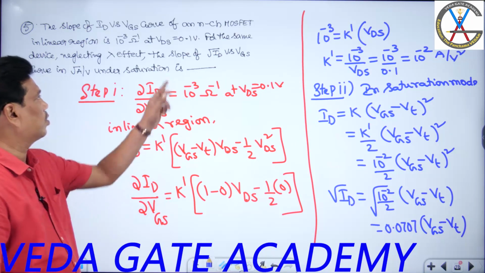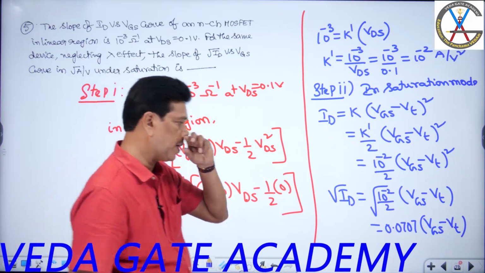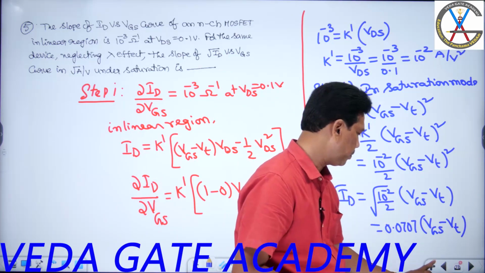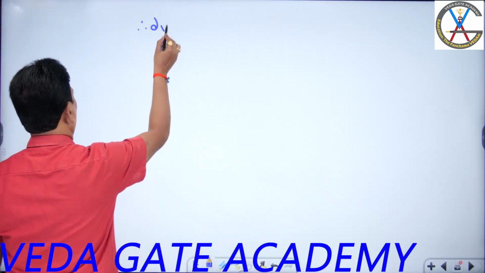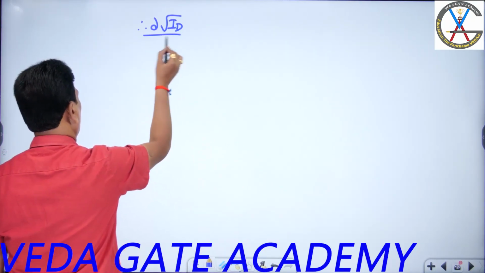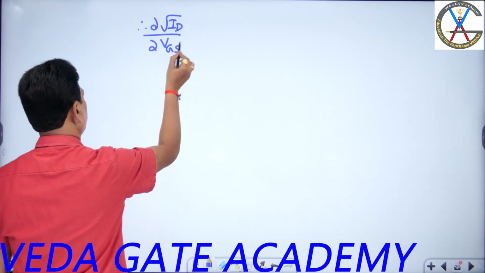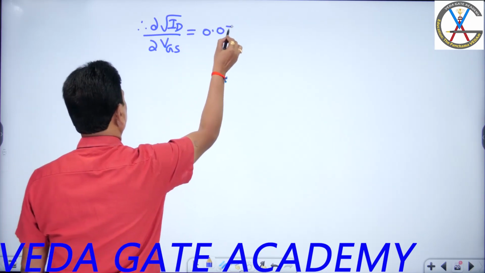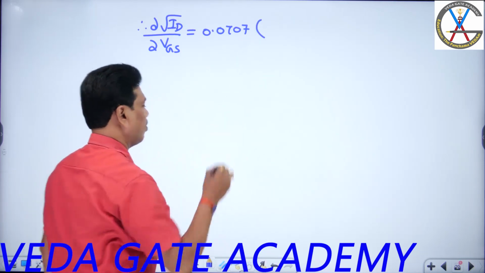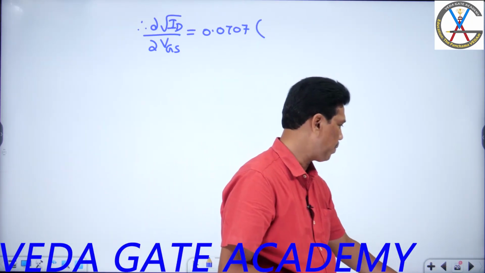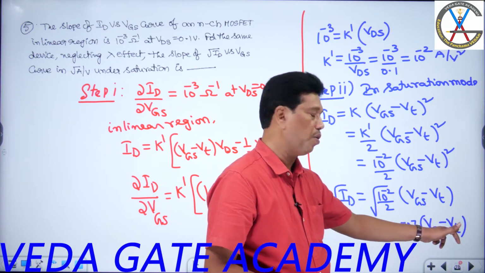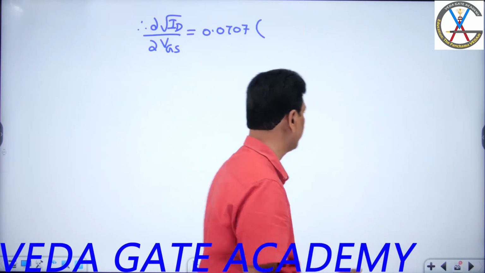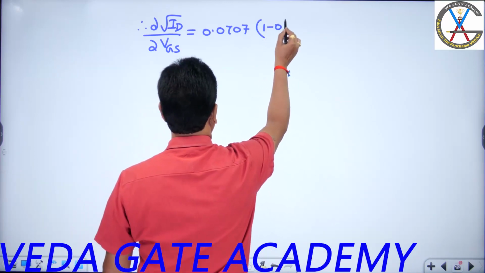Now what are you asking? Slope of square root of ID versus VGS. Therefore, dou of root ID by dou of VGS equals 0.0707 into differentiation of that with respect to VGS. Differentiation with respect to VGS becomes 1, VT differentiation 0. 1 minus 0.